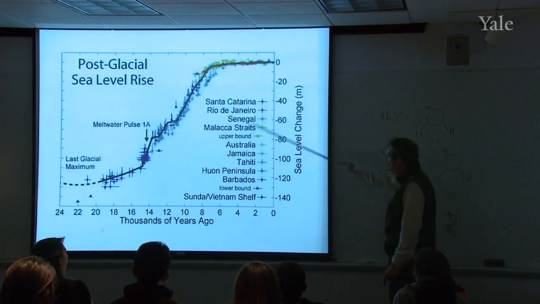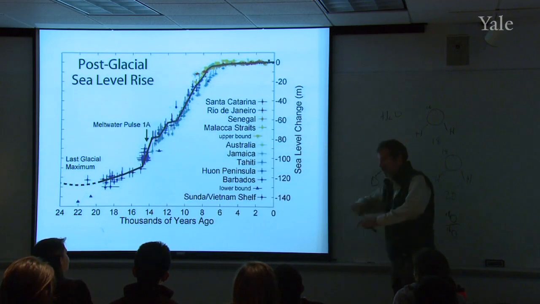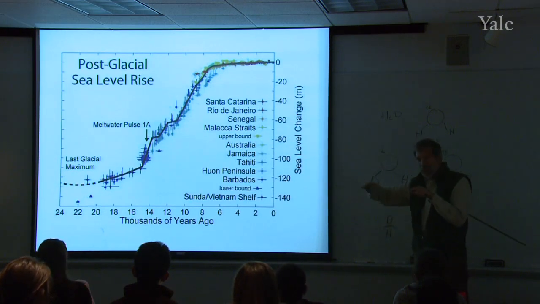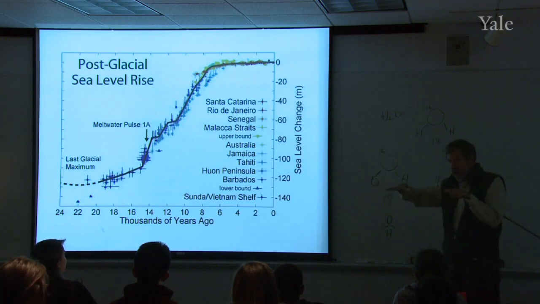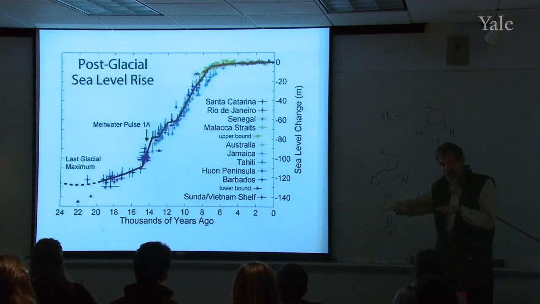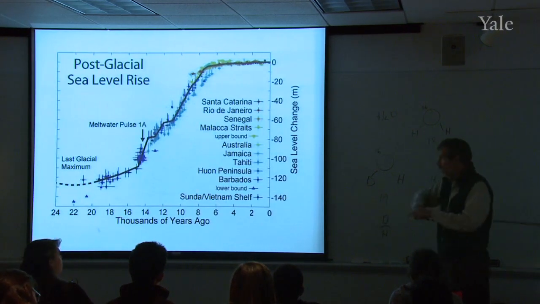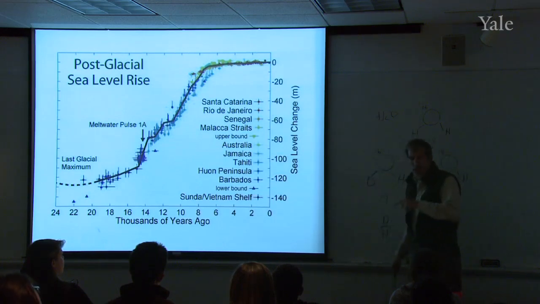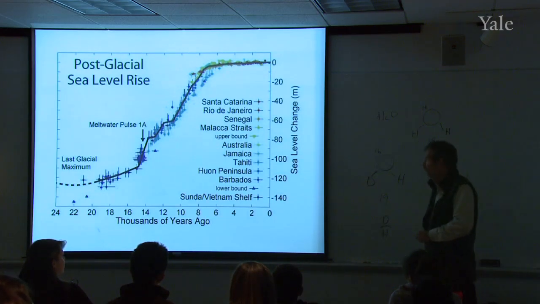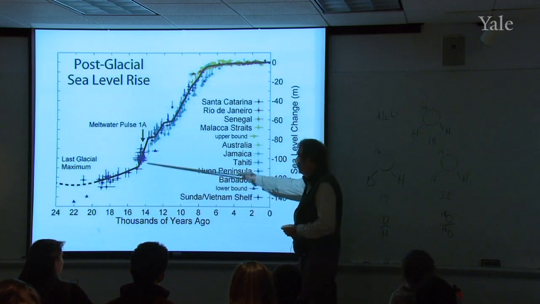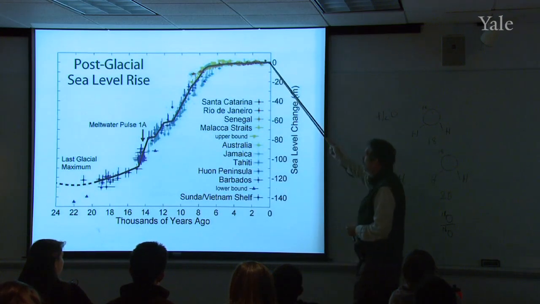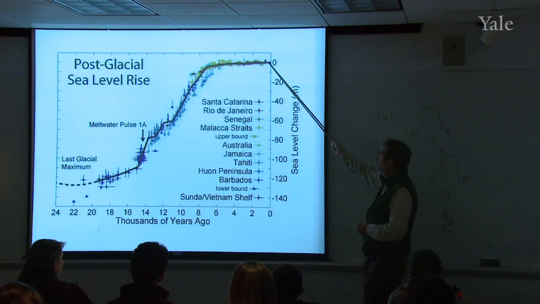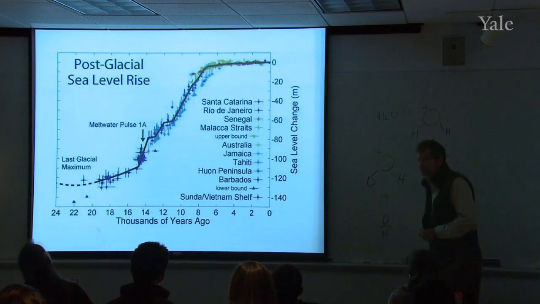And you find that same thing no matter where you measure. Because remember, sea level tends to be level, right? It's in the very name. And so when you drop sea level, you drop it the same everywhere in the ocean. And therefore, you should get the same record no matter where you do that analysis. And then as we came out of the last ice age, we came up to the present sea level rise.